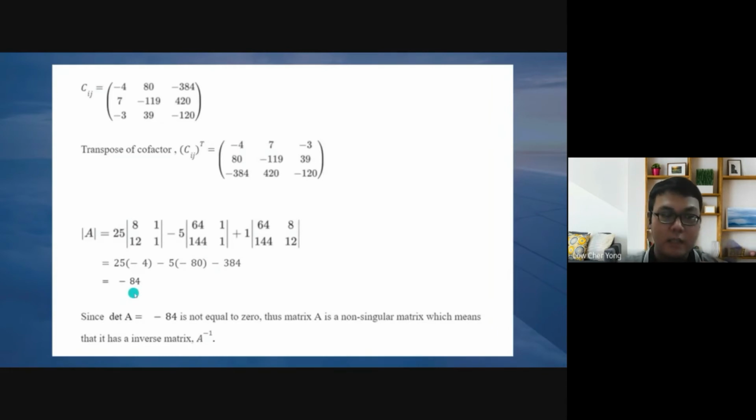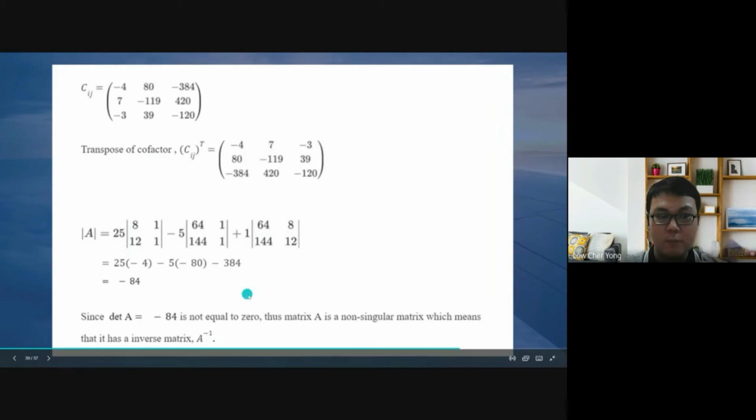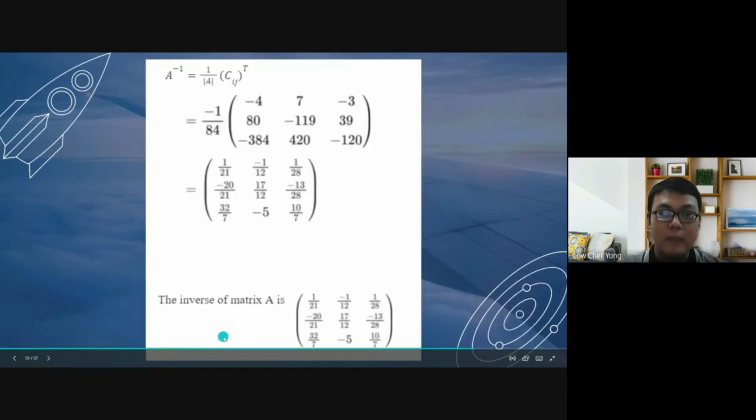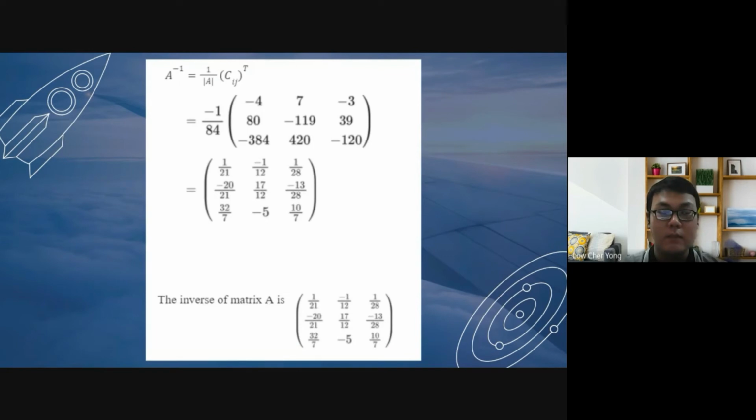Since the determinant of A is not equal to 0, matrix A is a non-singular matrix. It has an inverse matrix. Then we substitute the determinant of A and the transpose of the cofactor into the equation: A inverse equals 1 over determinant A multiplied with the transpose of the cofactor. And then we get the inverse matrix of A.